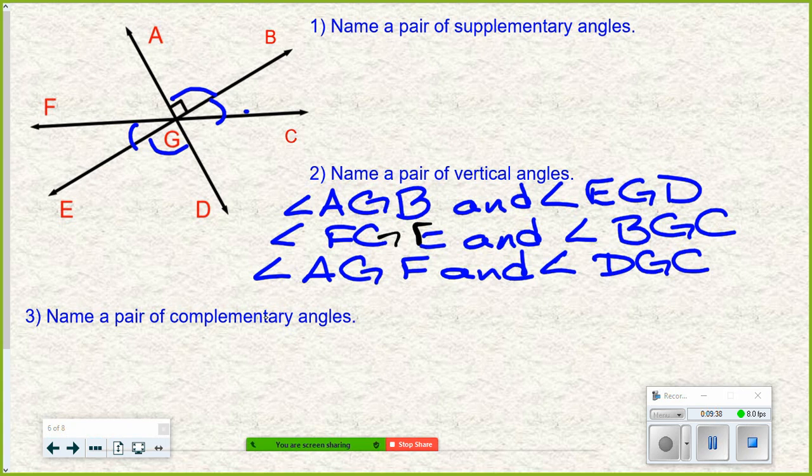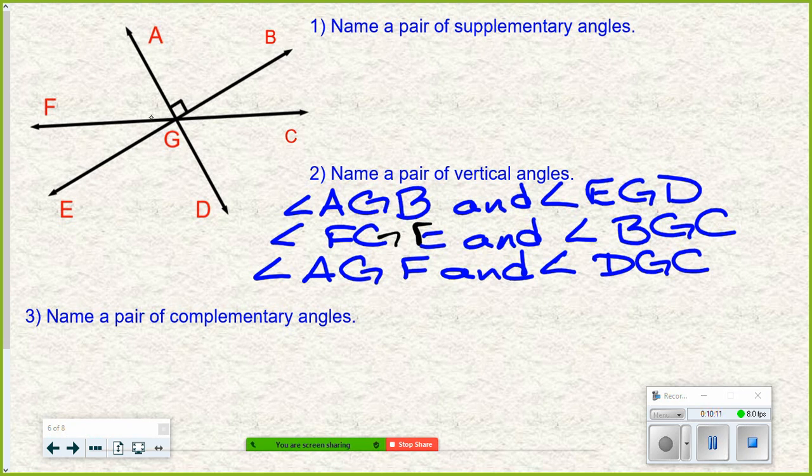There actually are more vertical angles in here. I wouldn't think you would get them. FGB. Okay, and what else? Wow. I don't think I've ever had anybody figure that out.